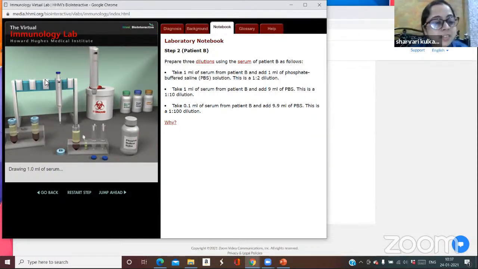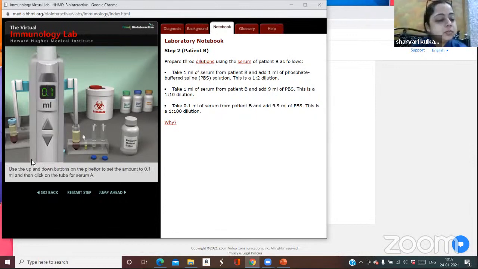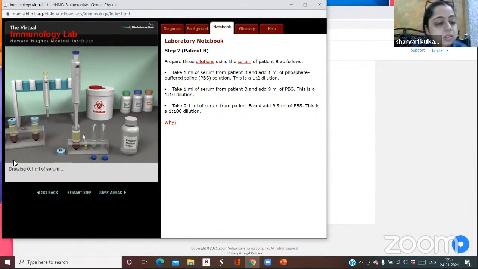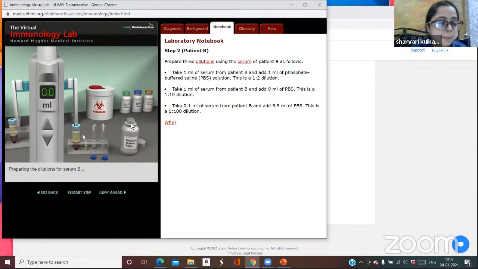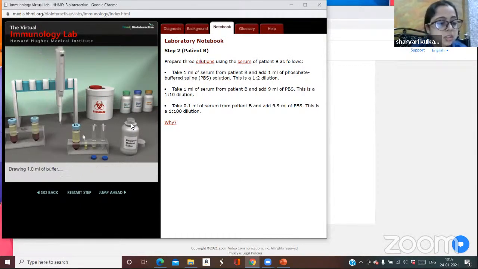It will do it once it's just shown for A, it will perform for B quickly, okay? Now we will click on the buffer to prepare sample dilutions with the help of buffer.